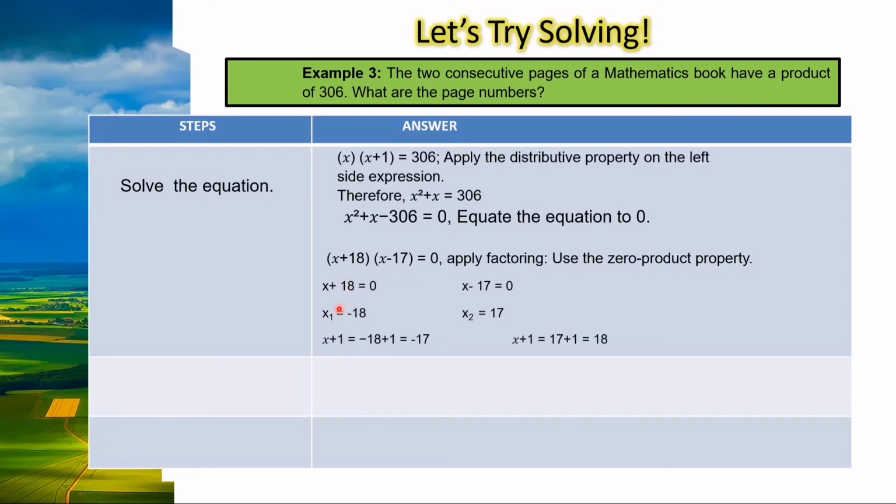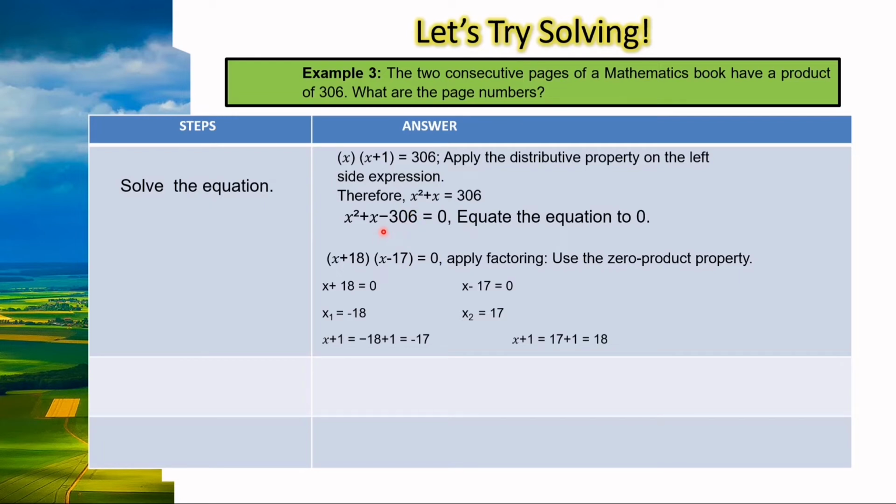So now we equate x plus 18 to 0 and x minus 17 to 0. Do you think 18 and 17 are factors of 306? Yes. So if we're going to multiply 18 and 17, it will give you a product of 306.